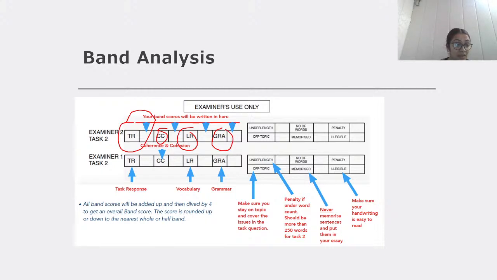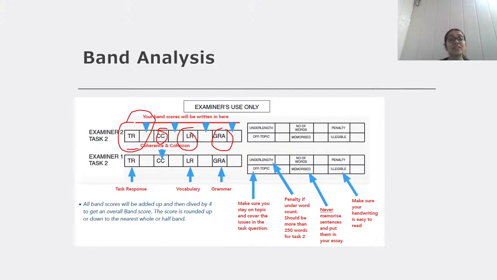So we have grammatical accuracy, lexical resources, coherence and cohesion, and task response.